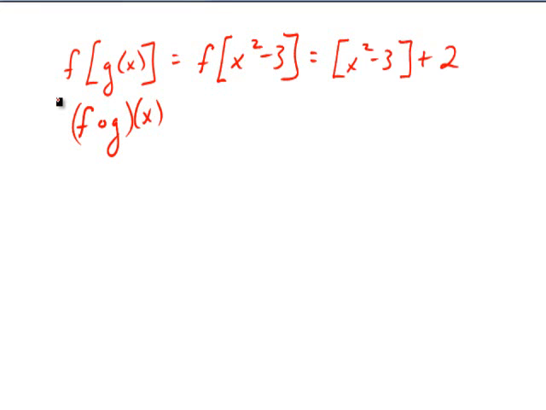So the f function was x plus 2. I'm replacing x squared minus 3 where the x was in the f function. If I get rid of parentheses and simplify, I get x squared minus 1.